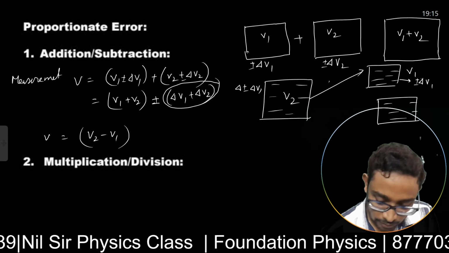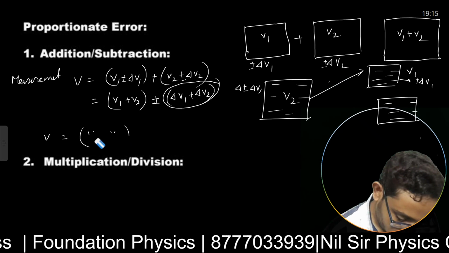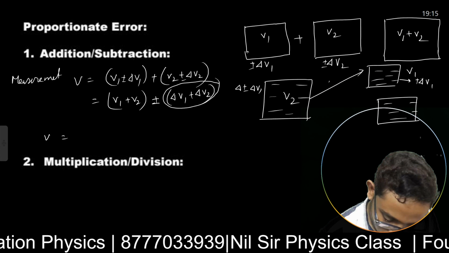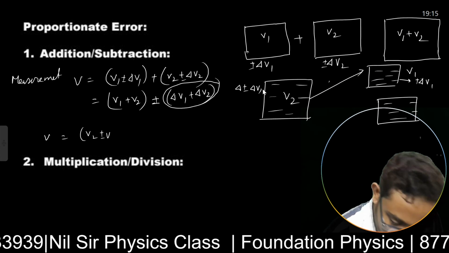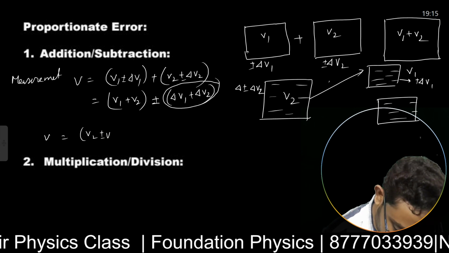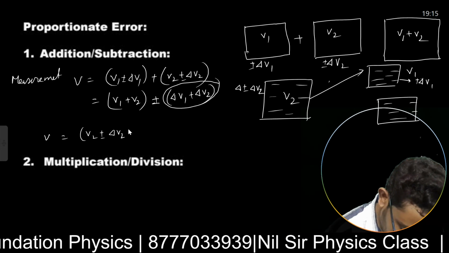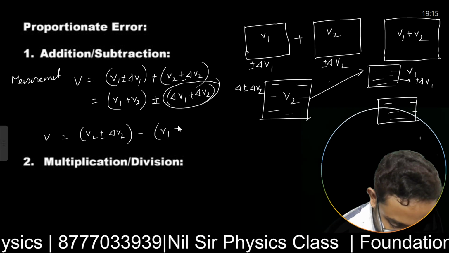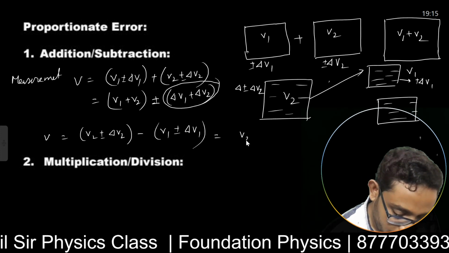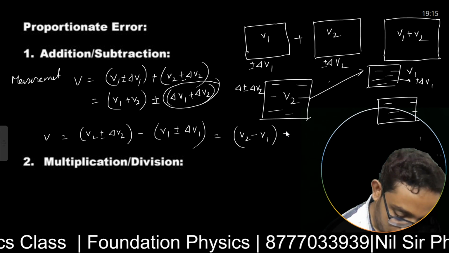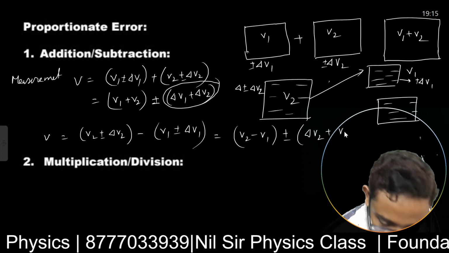Or a better way to write: V2 plus or minus delta V2 minus V1 plus or minus delta V1, which equals V2 minus V1 plus or minus delta V1 plus delta V2.